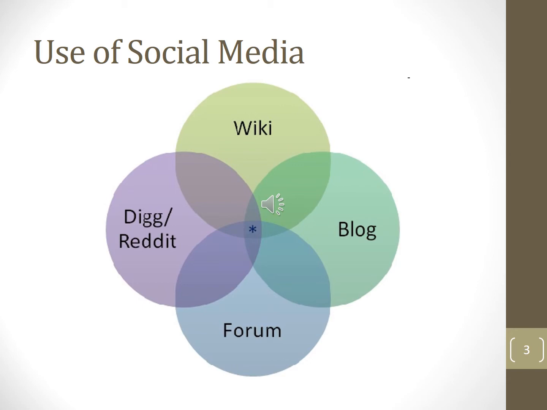And then people who participate on forums overlap with some of the people who participate on blogs. And then in the very center, you'll see are people who participate on all of these 4 forums. So the types of people who participate on forums are related to the types of people who participate on blogs and so on. So this is how you might see an example of a correlation.